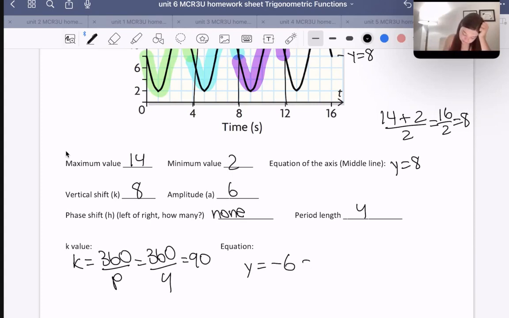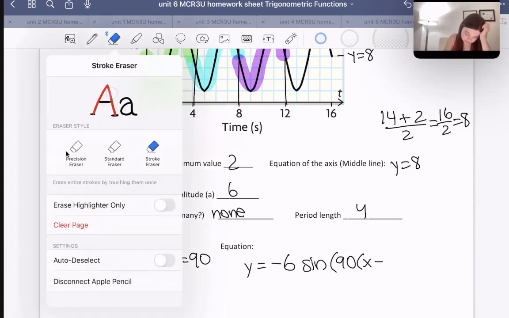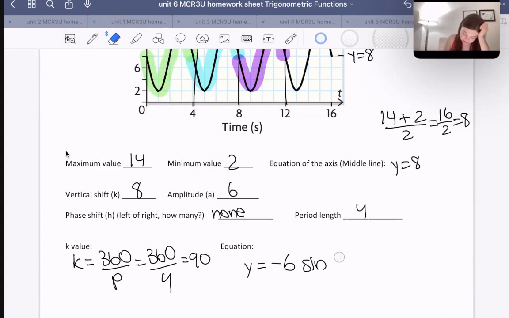Then we have sine times 90 as our k value, and then x, subtract our phase shift, which is just nothing. So actually we can just say 90x here because we're not doing a phase shift this time, which is excellent. We are doing, however, a vertical shift and we're going up 8. So I'm just going to add plus 8 and that's it. We're done.